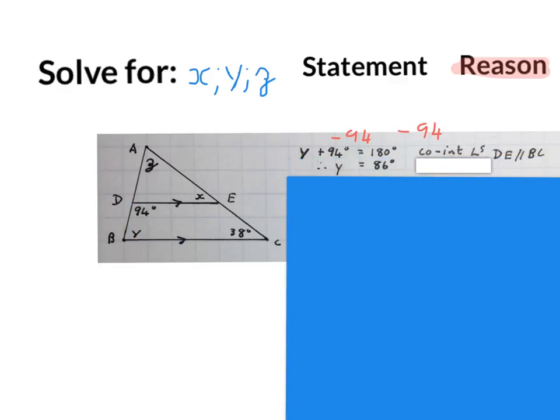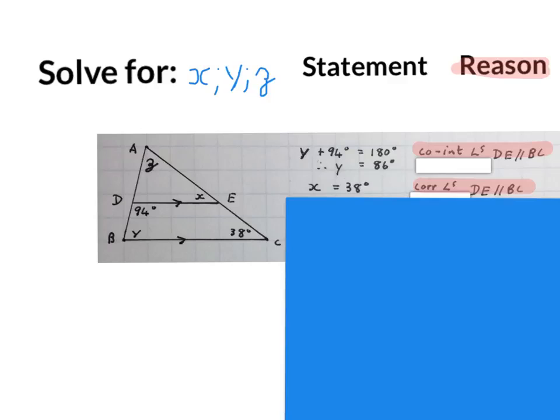Then your answer will be y equals 86 degrees because you're minusing 94 on both sides. Next, you could write x equals 38 degrees. That x and that 38 are corresponding angles, which we wrote, and they are going to be equal because the lines are parallel. As I go through a rider like this, as I find my answers, I write them in on the sketch.